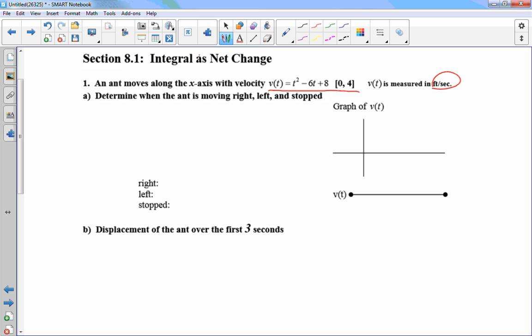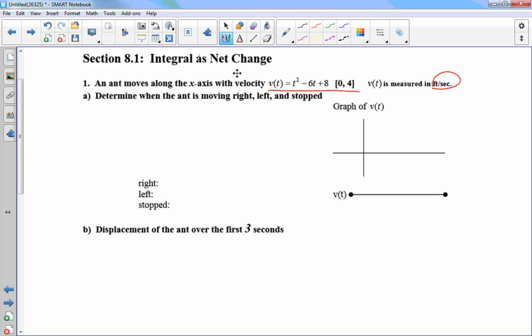Okay, so let's graph this first. It's a quadratic. Is it an upward parabola or a downward parabola? Upward. And how do we graph the parabola? The important points we're dealing with are when the ant is moving right or left, and the x-intercepts.